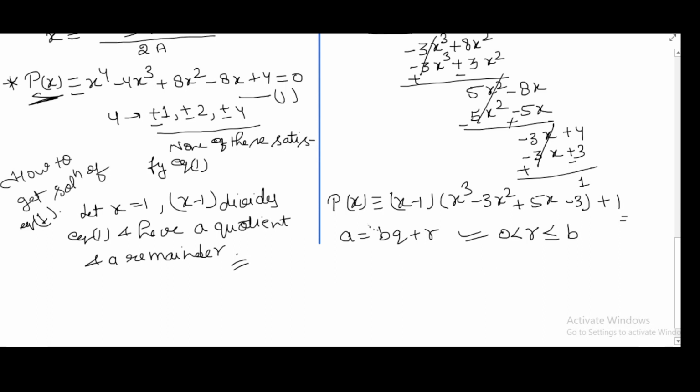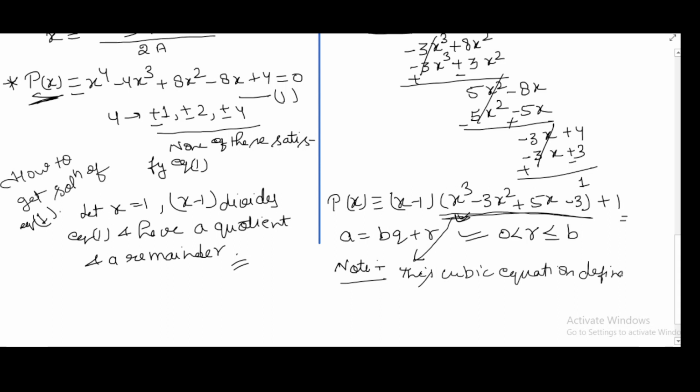Okay, so now move forward. Here we get p. Now we have to factorize only this cubic equation, right? And I will keep in note that this cubic equation, so I will draw a line here, this cubic equation can definitely be factorized.